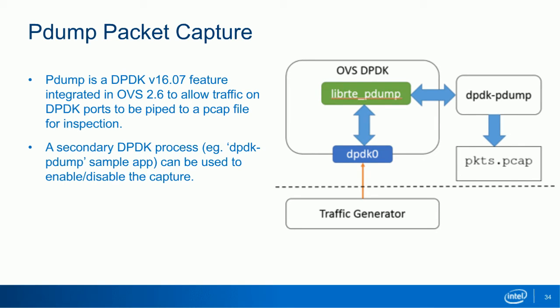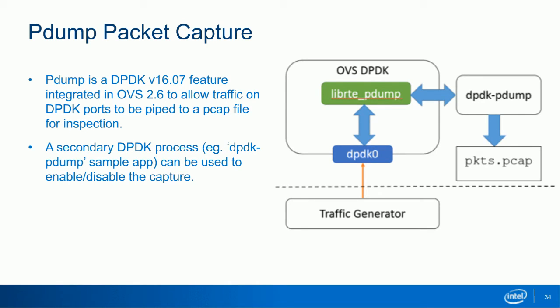The DPDK pdump library uses a client-server model. In this case, OVS DPDK acts as the server and initializes the pdump framework. At this stage, a separate secondary DPDK process must be launched, and this acts as a client, responsible for enabling and disabling the packet capture. An existing application that can be used as the client is the DPDK pdump application, which can be found in the sample apps directory in DPDK.